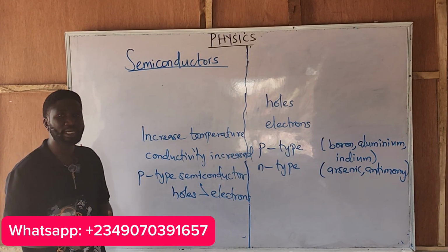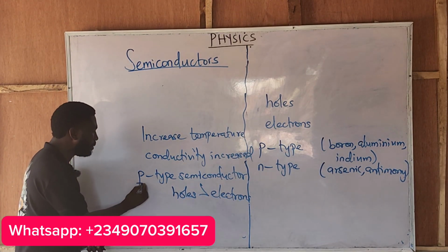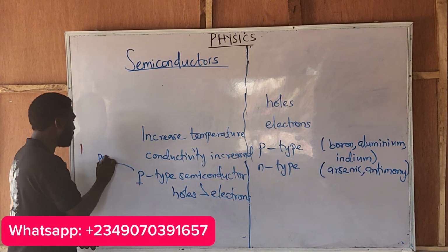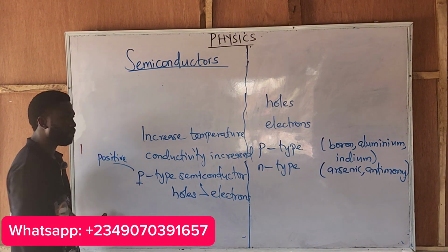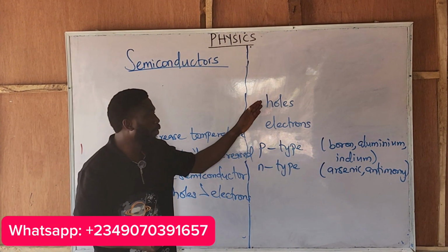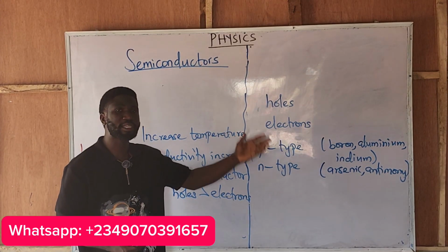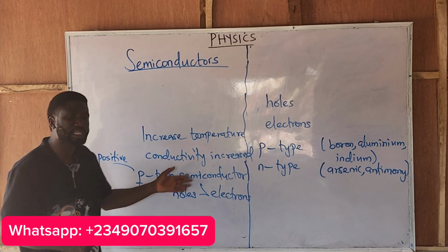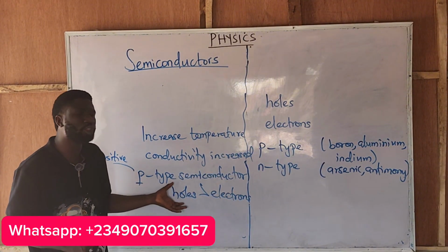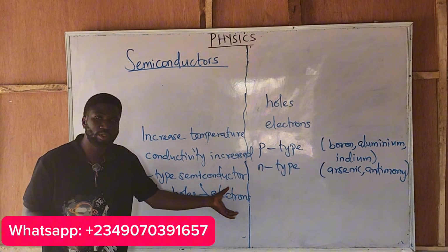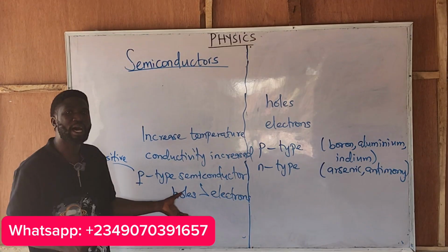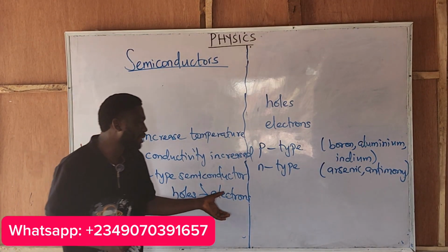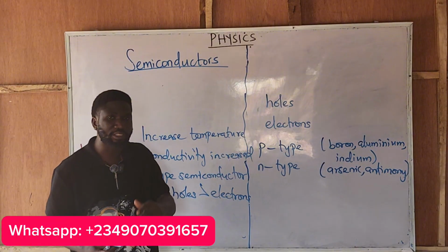To remember this, just assume that the P means positive. Having the holes and the electrons, which one is positively charged? It is the holes. So for the p-type semiconductor, the number of holes is greater than the number of electrons, so holes are the major carriers and electrons are the minor carriers.